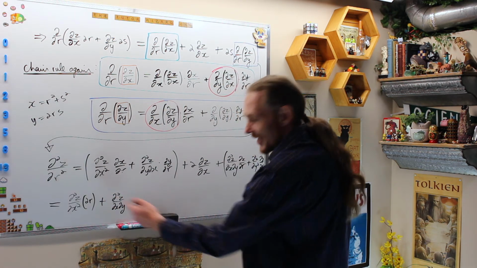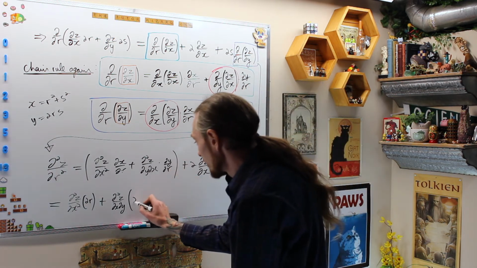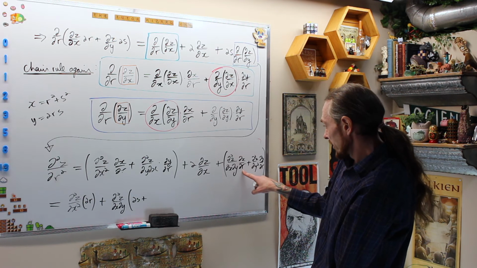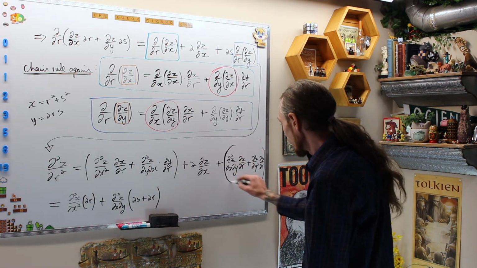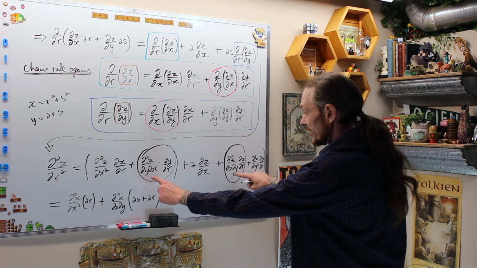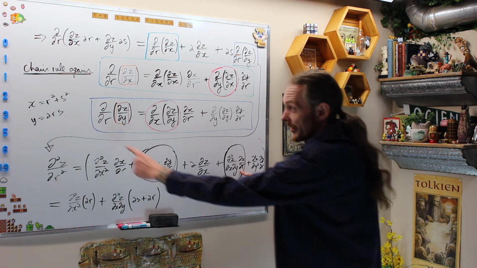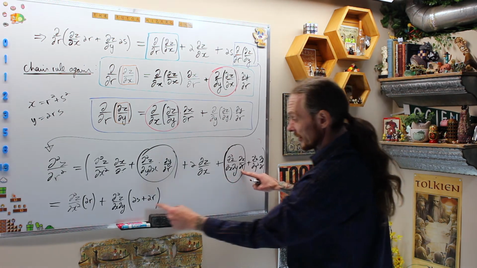Plus, now this one, d squared z dx dy. Yes, you flipped it. Yeah, I'm allowed by Clairaut's. That one is times dy dr, which is 2s, plus this one, which is dx dr, which is 2r. So I'm combining this term and this term right now in my head. These two guys are equal by Clairaut's, and so I can factor those out, and then dy dr is 2s and dx dr is 2r.